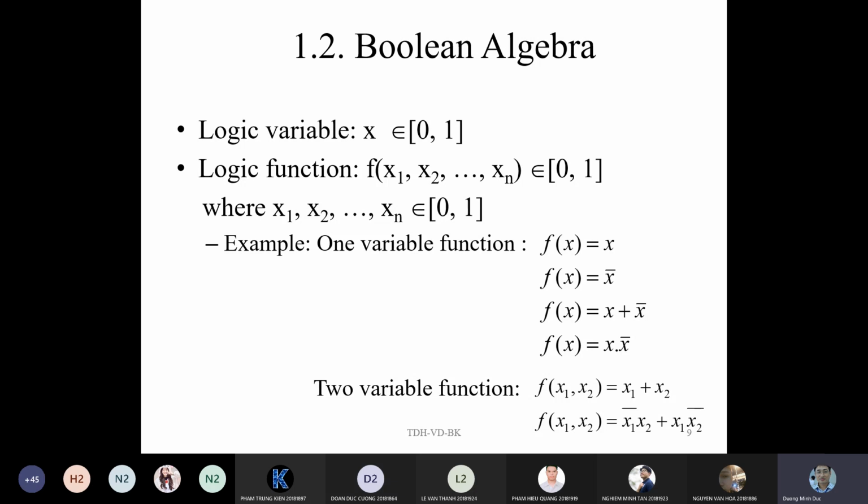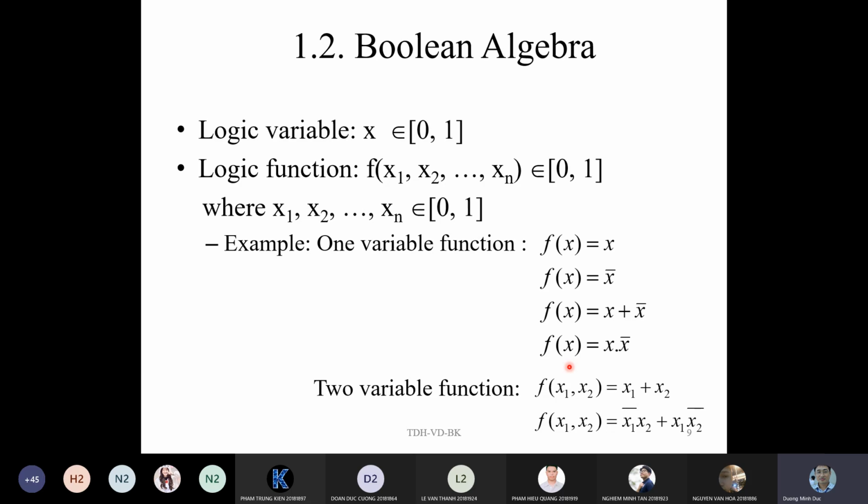In the first example, you can see that there is only one variable, x. But actually, the logical function can be the relation of many logical variables.